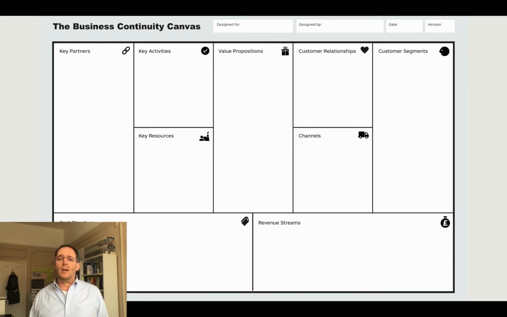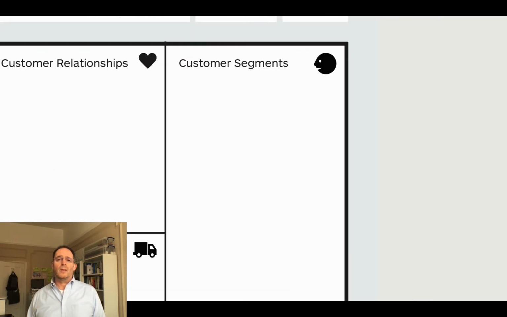So where are we going to start? We're going to start where I always start, with the business model canvas, which is with customer segments. So in terms of risk, you need to identify whether there are particular customer groups, customer segments that you deliver to that are more likely to be at risk in terms of not buying your product or service because of the threat of coronavirus.